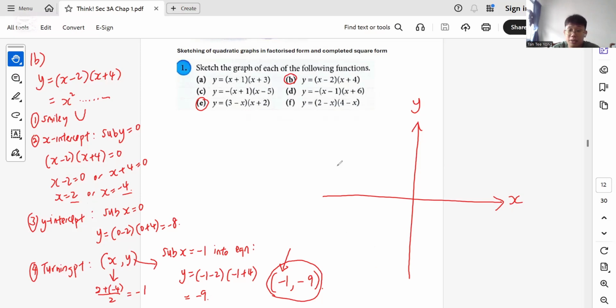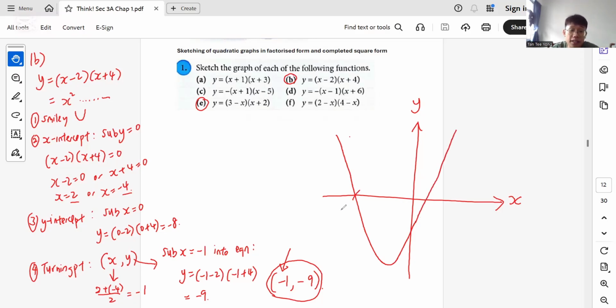Okay, let me draw it properly. Okay, maybe not so far. Probably very hard to draw on this. Okay.